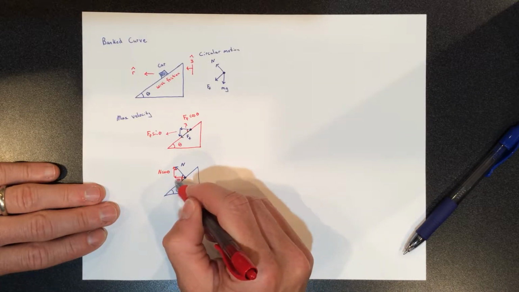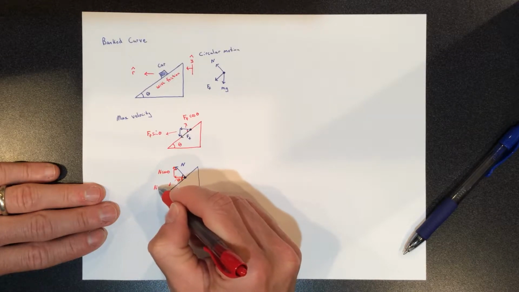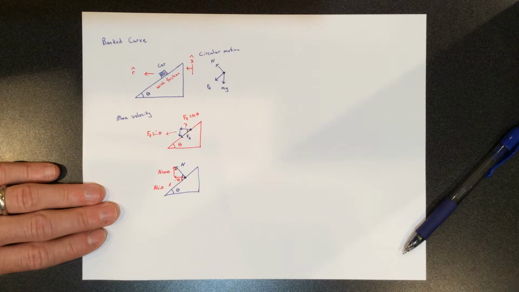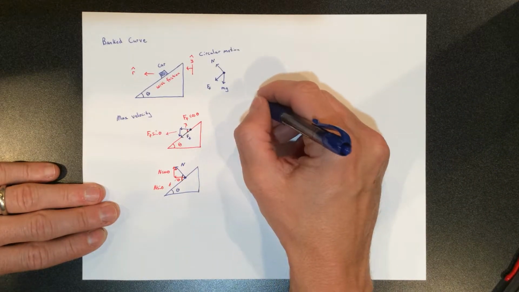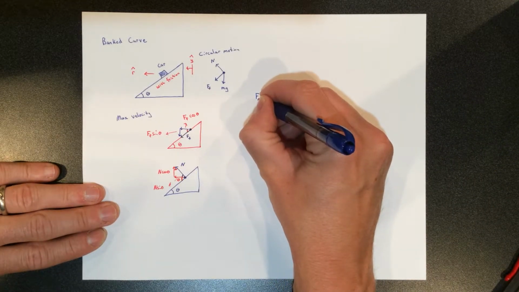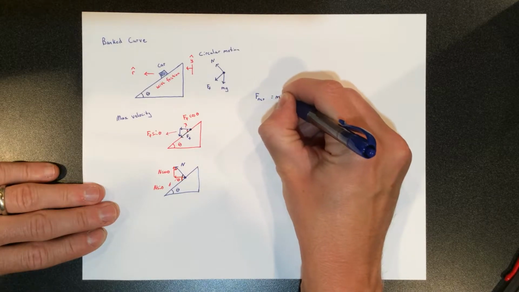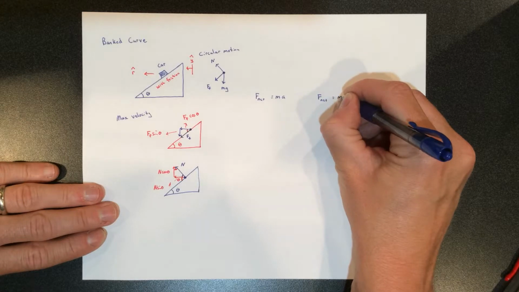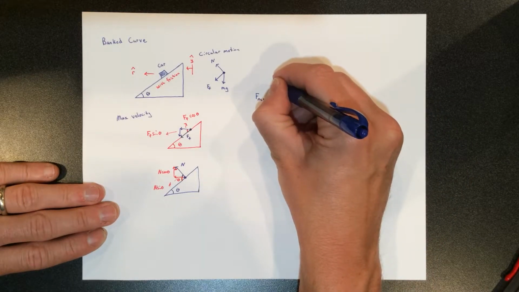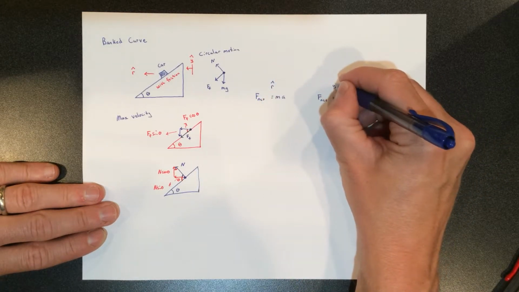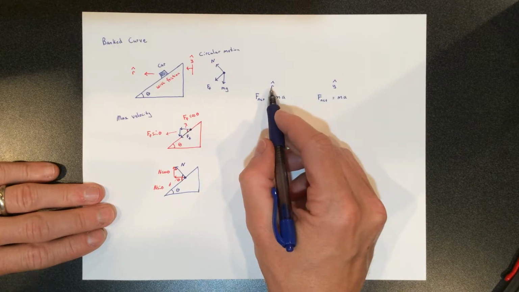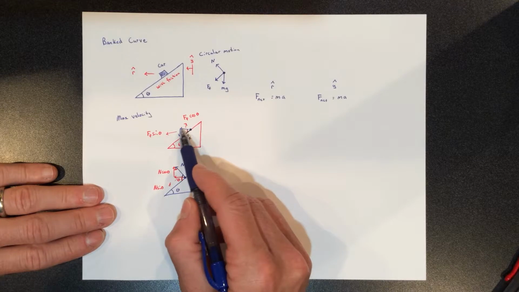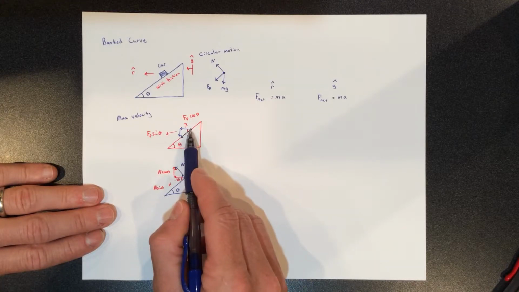And then this inward force is N sine theta. Now we're good, because we can look at the r hat. Again, I'm looking at F equals ma and F equals ma. One is in the inward direction, the r hat, and the other is in the vertical direction. In the inward direction, what forces are inward? The force of friction, cosine theta, that's pushing us in.